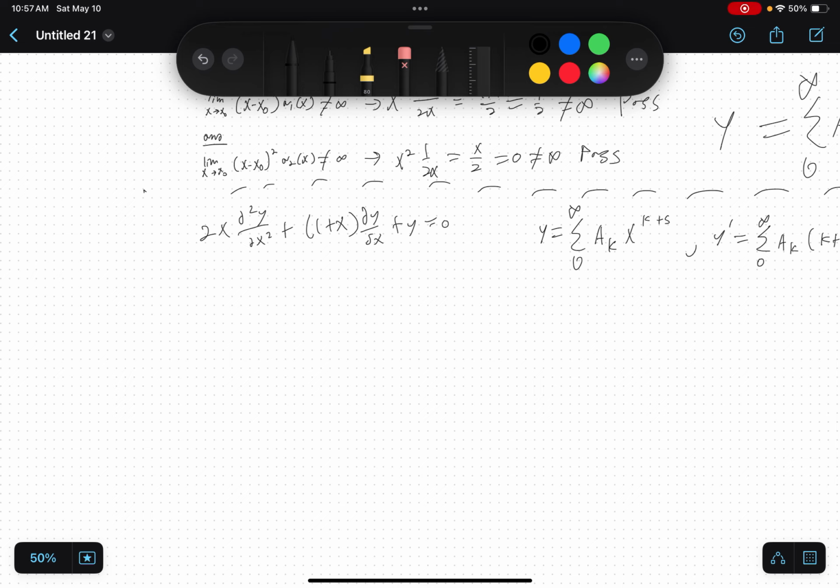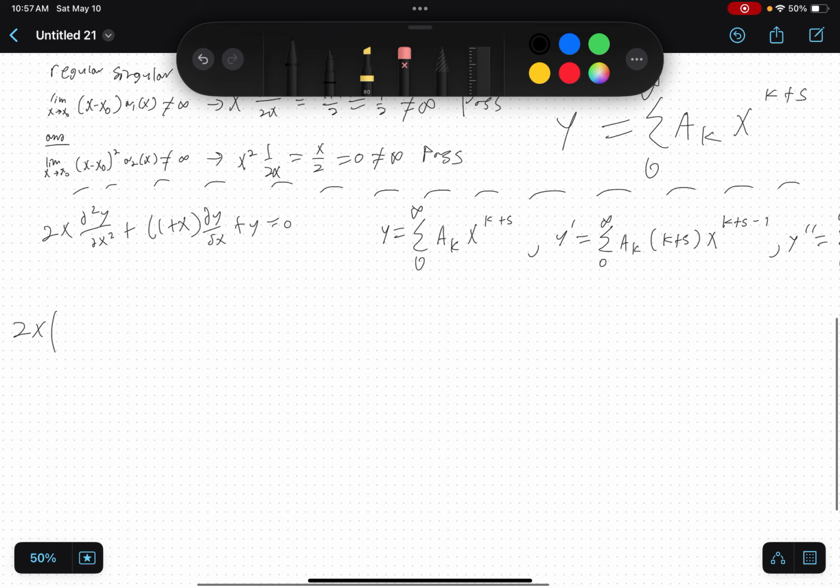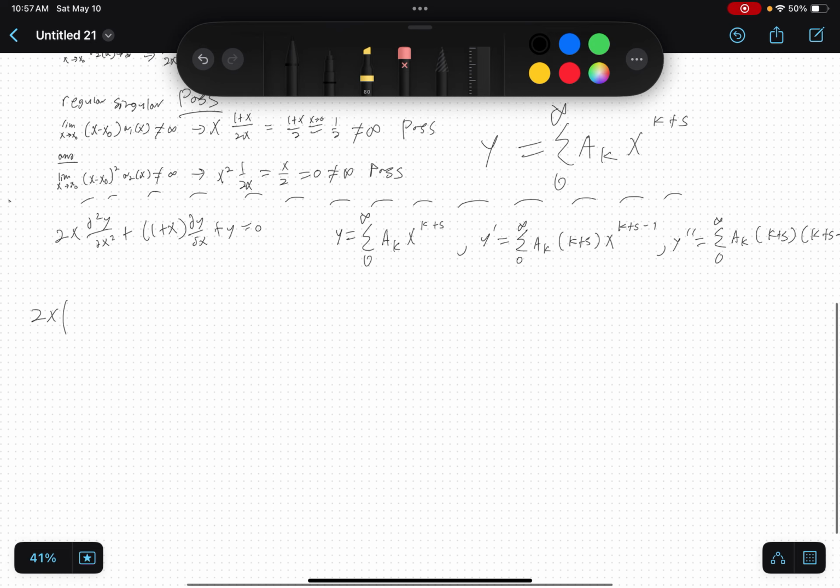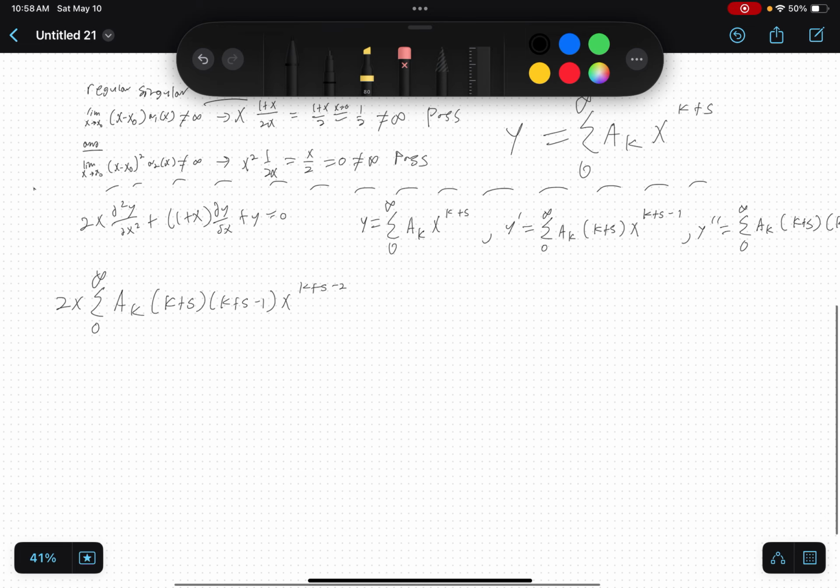Okay, so now we plug all of this stuff in, and we get 2x times the second derivative.